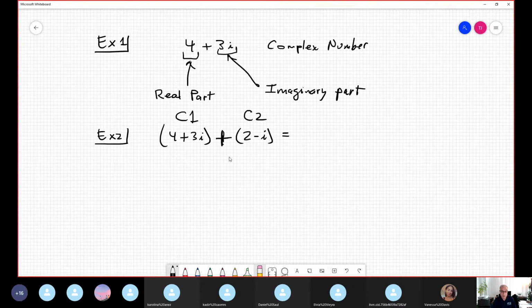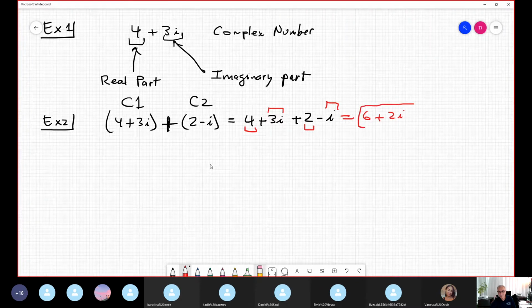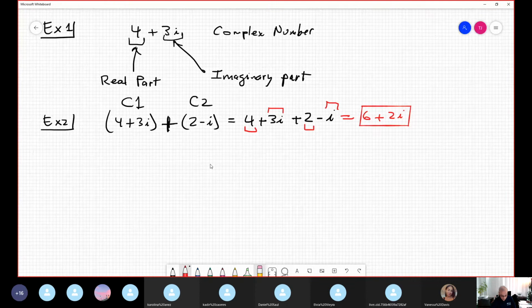Well, you remove the parentheses. In this case, when you remove the parentheses, you have 4 plus 3i, no parentheses, plus 2 minus i. And we combine later. Real and real is 6, 4 plus 2 is 6. Imaginary and imaginary, 3i minus 1i is 2i. End of the story. Clear? Super easy. Addition.